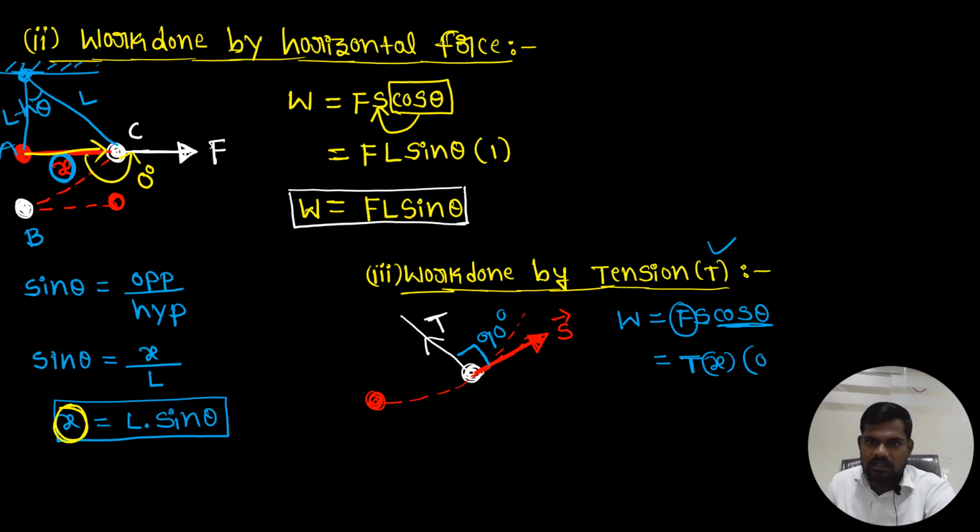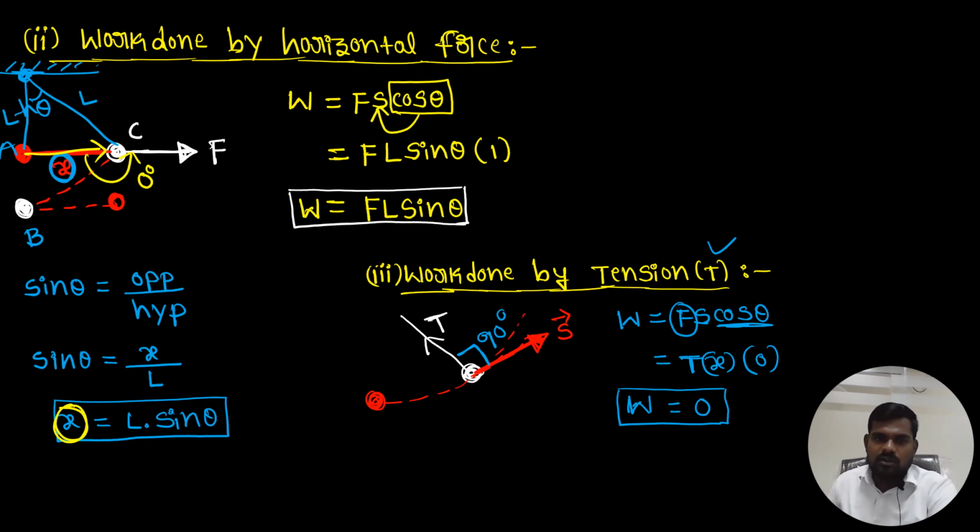Cos 90 degrees is 0. Then finally the work done by the tension is 0, because the displacement and tension are at 90 degrees. When theta is equal to 90 degrees, the work done will be 0. So total three forces are there. One is the gravitational force, second is the horizontal force, and third is the tension force. According to these three forces, I found the work done in this case.